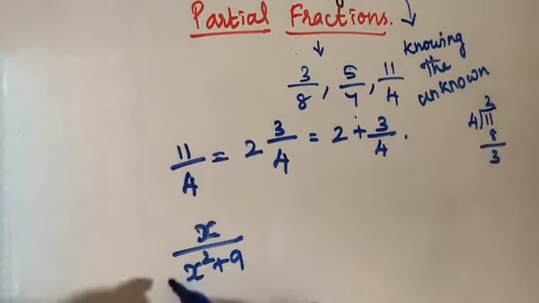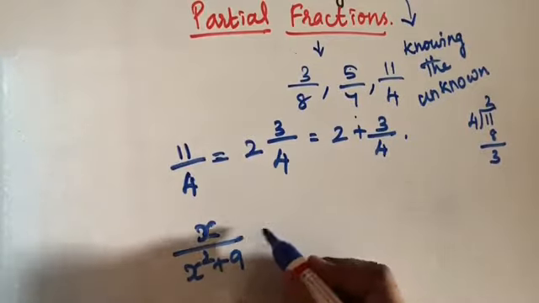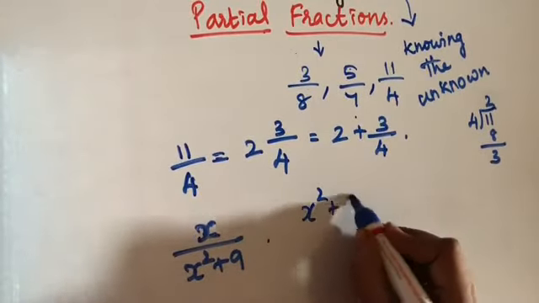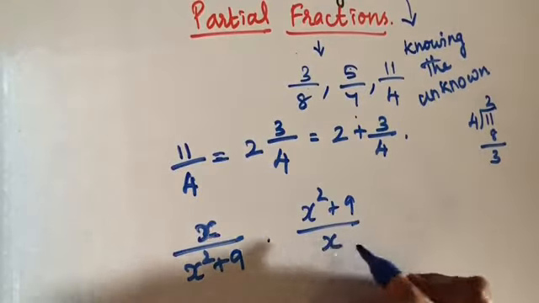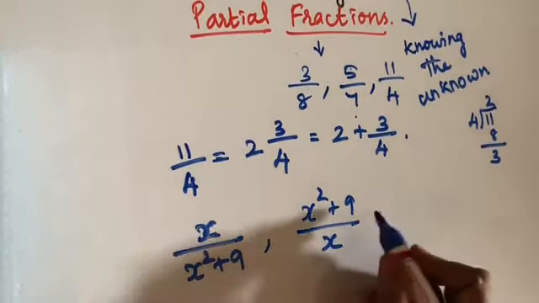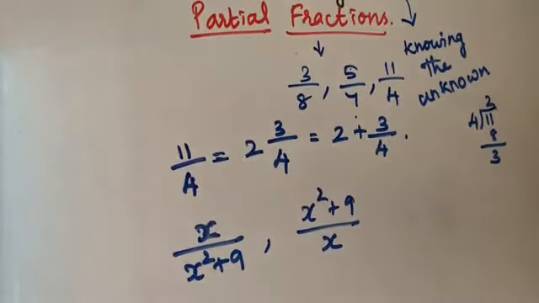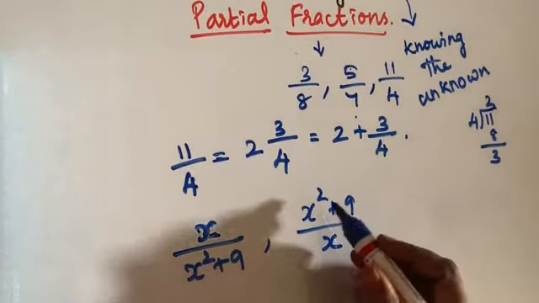So the denominator is higher, so it is a proper fraction. If I write x square plus 9 divided by x, it is an improper fraction because the numerator is higher, right?